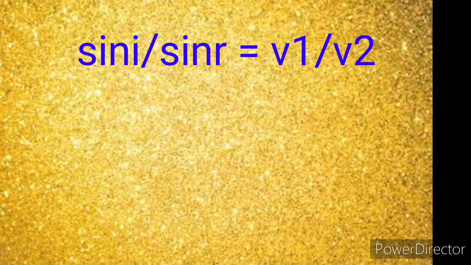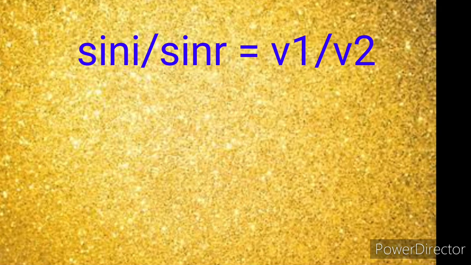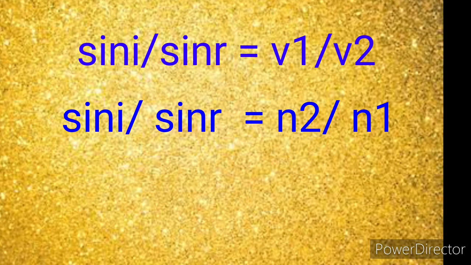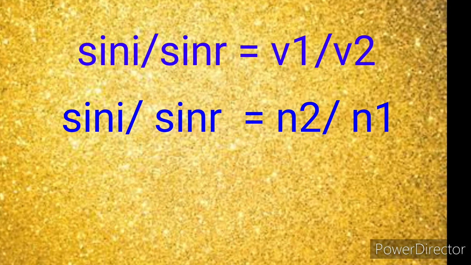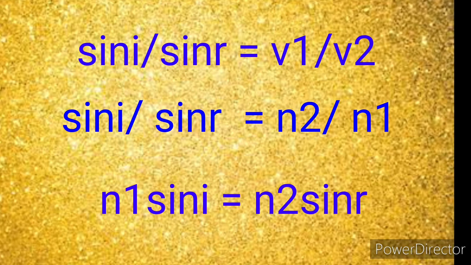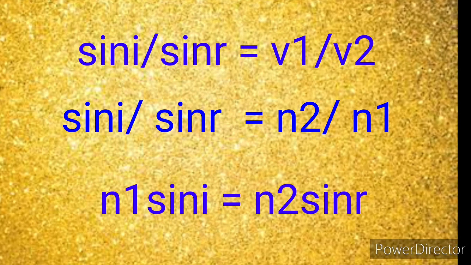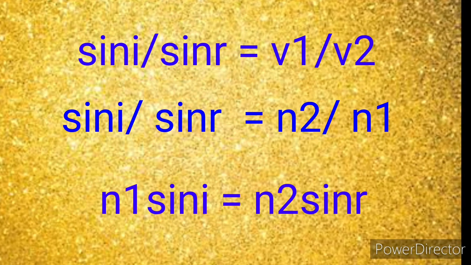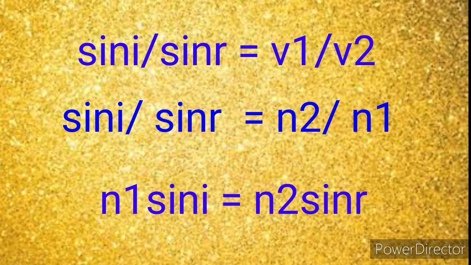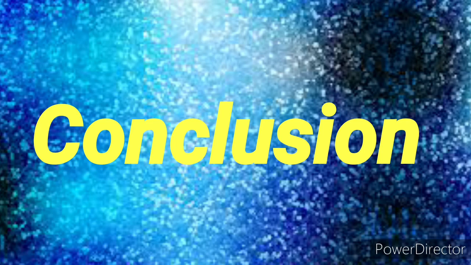According to refractive index, sin i by sin r is equal to v1 by v2. Sin i by sin r is equal to n2 by n1. Now, cross multiply the equation. Finally, we get n1 sin i is equal to n2 sin r, which is called Snell's law.